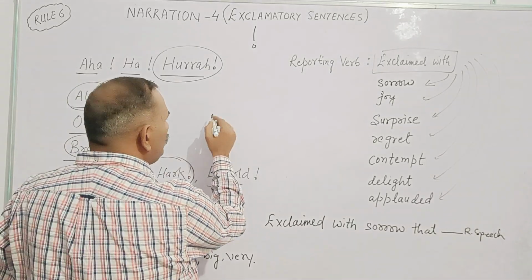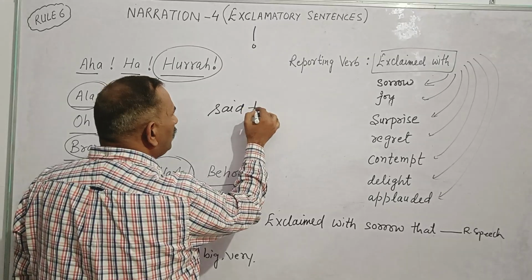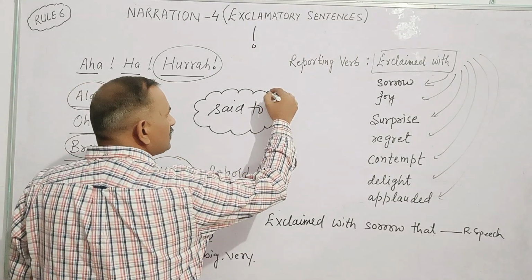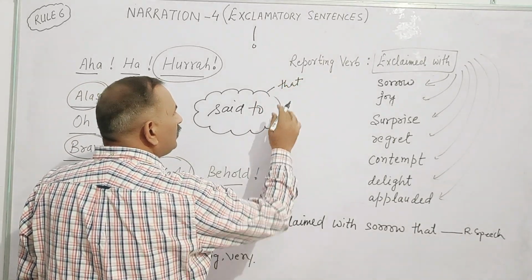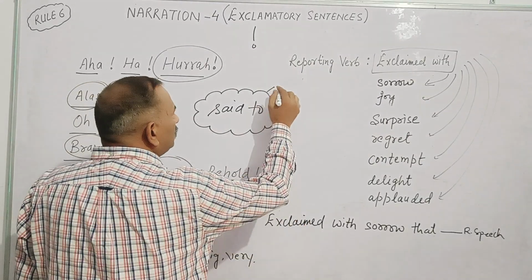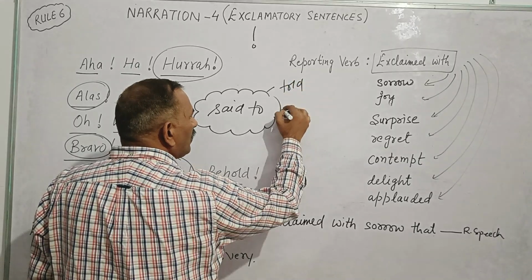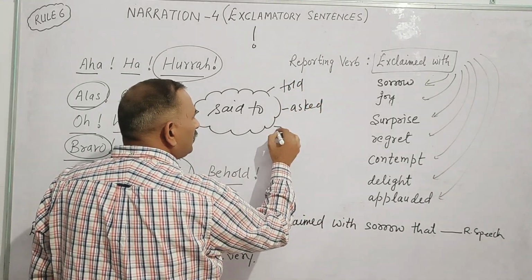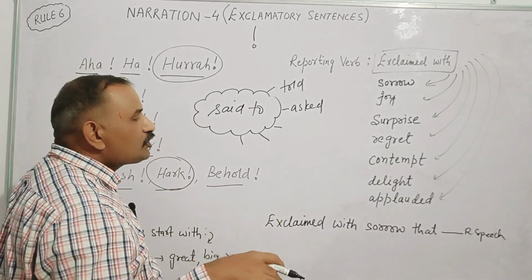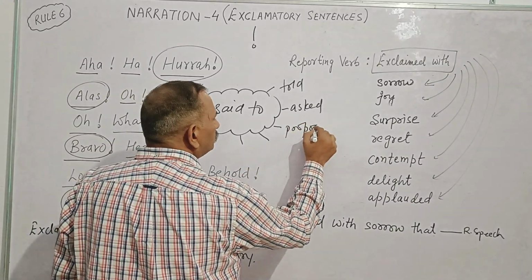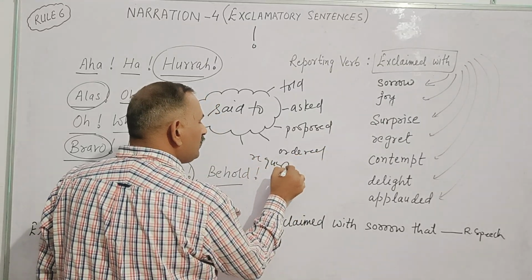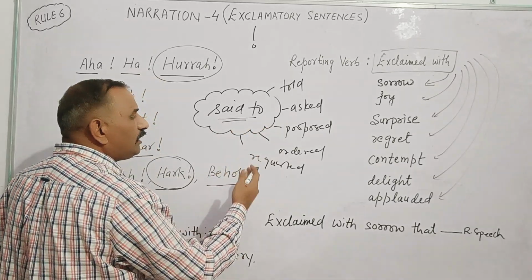We used to say "said to", and we have changed "said to" into different things, like told, asked, proposed to, ordered to, requested to. We have changed "said to" into different words.